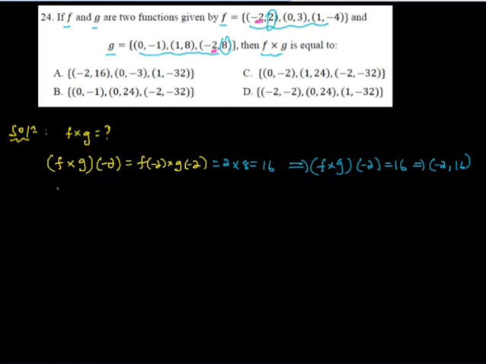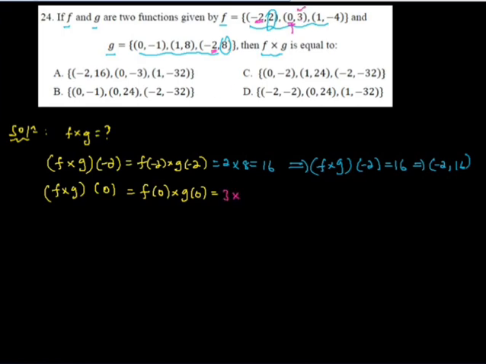The other thing is f times g at some common point. For example, f times g at 0. We can calculate this by f of 0 times g of 0. Okay, what is f of 0 now? When we put 0 in f, we get 3.